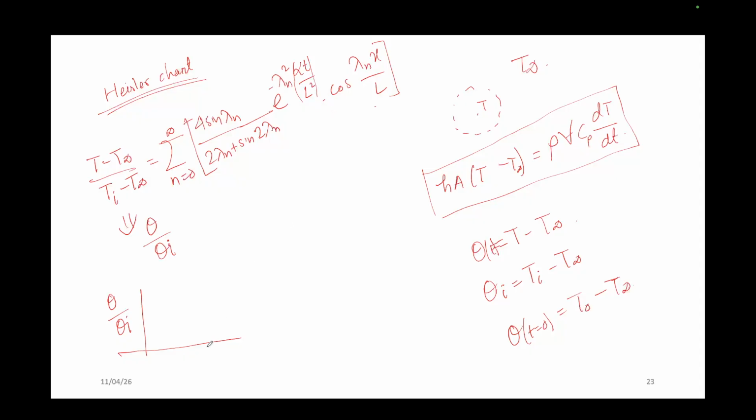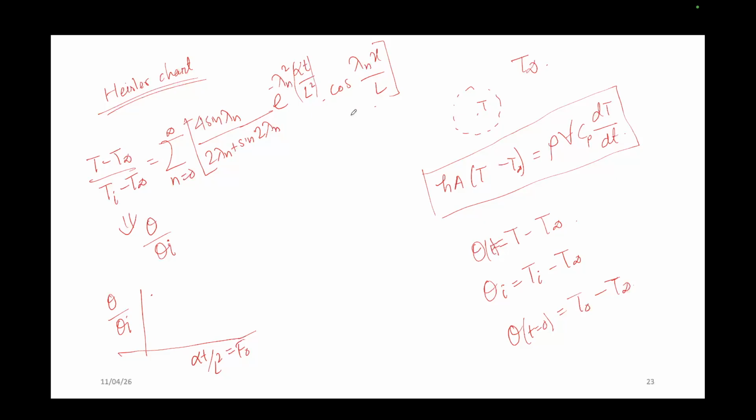This alpha t by L square is also known as the Fourier number. So this is a graph we can plot using this thing and only this thing. The rest are constants. Got it?